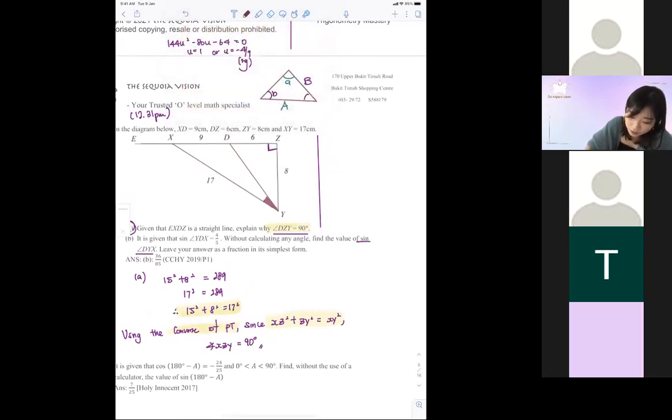And if this is my angle C, opposite is my length c. The rule says sine A over a is equal to sine B over b is equal to sine C over c. It doesn't matter whether the length is on top or the angle is on top. If the length is on top, all the lengths are on top. If the angle is on top, all the angles are on top.